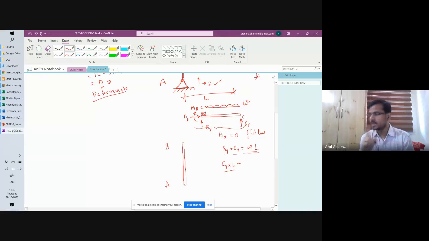So I have to look at the sign in counterclockwise and clockwise direction. So sign will be positive or negative based on whether it is a clockwise or a counterclockwise moment, right? Not the sagging versus hogging. So Cy multiplied by l is a counterclockwise moment. I'm calling it positive. So Mb, the way I have shown it, it's actually a sagging bending moment.